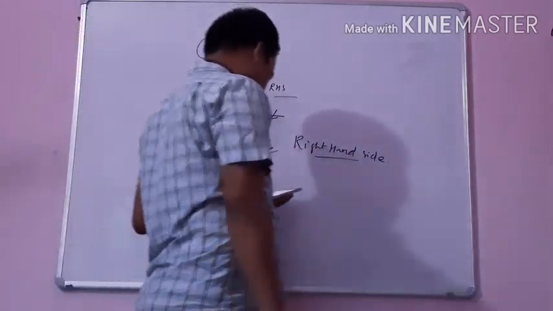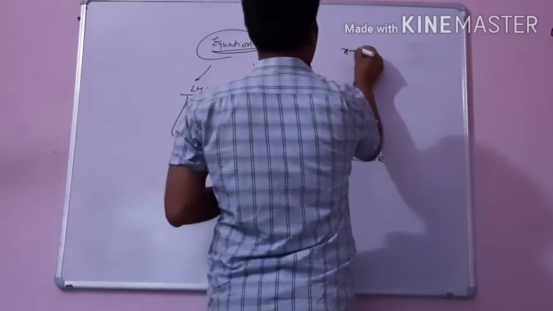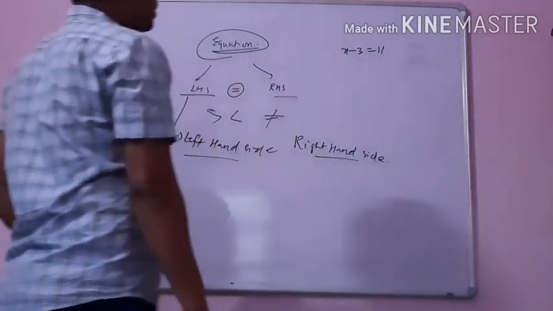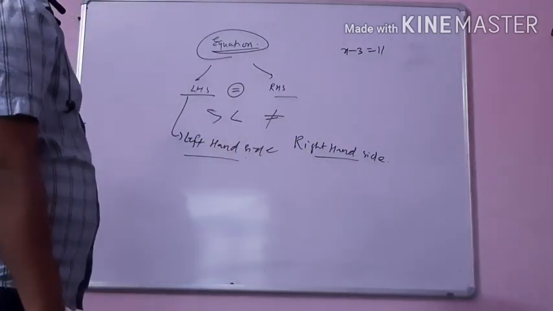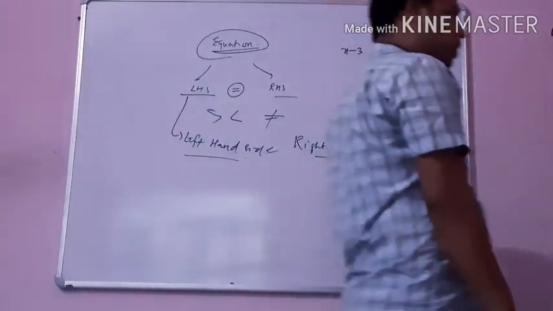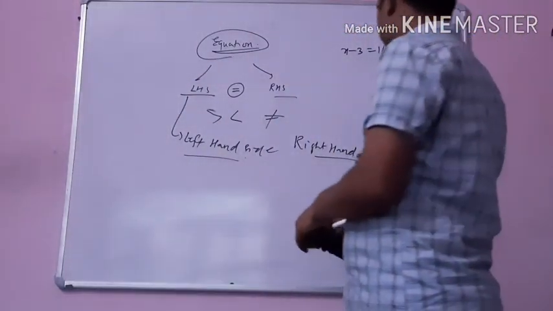Now suppose we take x minus 3 equals 11. What will be the value of x that satisfies this equation?